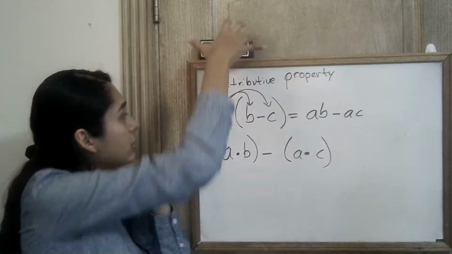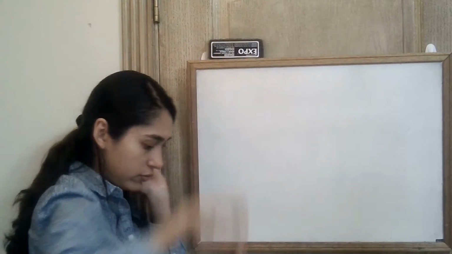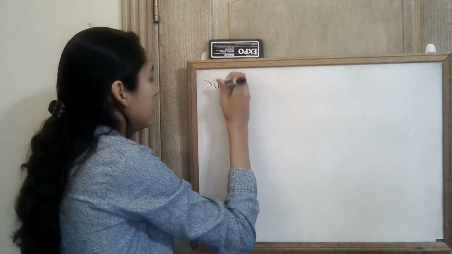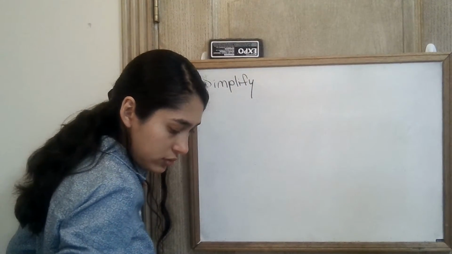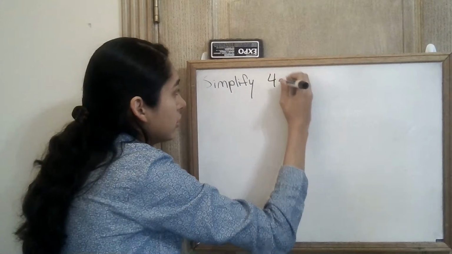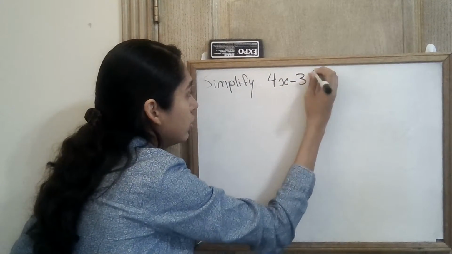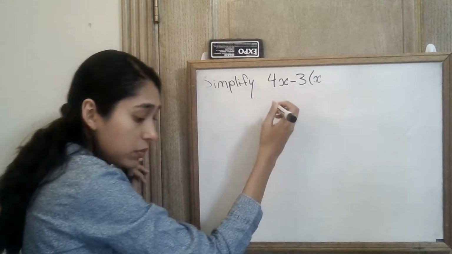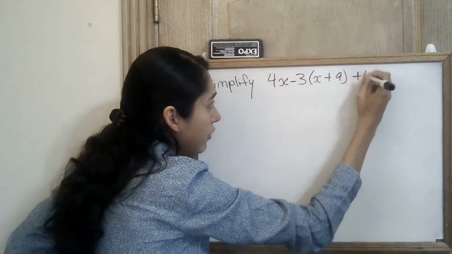I'm going to go ahead and erase this. So let's say you get a problem that asks, simplify 4x minus 3 times the sum of x plus 9, and then we're going to add 15.